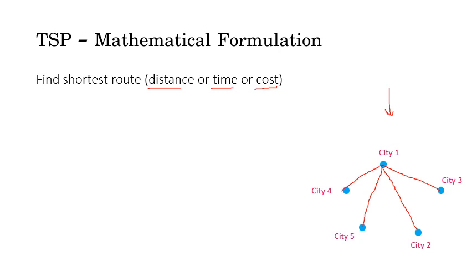City 4 is also connected to city 1, 3, 2 and 5. City 5 is also connected to city 4, 1, 3 and 2. City 2 is also connected to every other city. So that is the picture showing that every city is connected to every other city. Okay, so this is the assumption in traveling salesman problem.